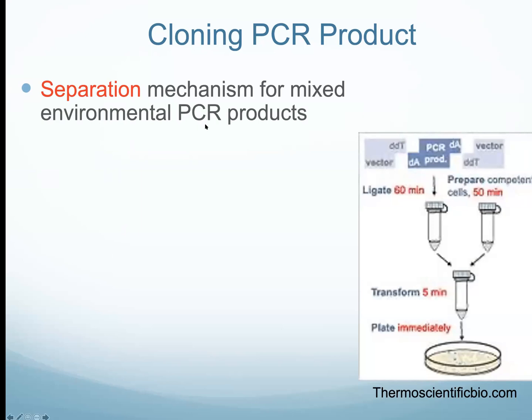So you have a mixed environmental PCR. When they went to that Saltern or that potassium mine, right? They had their sample, they extracted it and PCR'd it out. But as they found, there's more than one kind of halophile living in those environments, right?